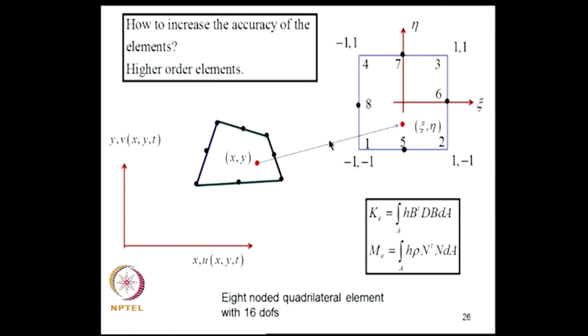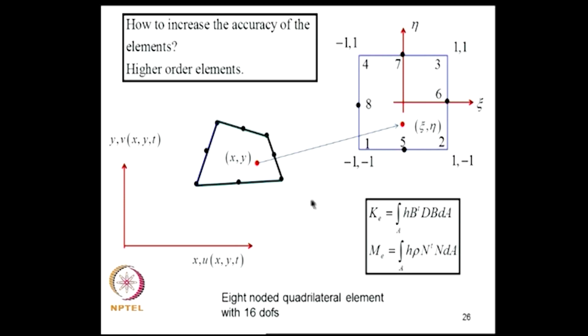Now, the question is, if you are using discretization, if you are modeling any structural behavior, how do you improve upon the accuracy? One way is stick to 4 noded quadrilateral elements and use more of them, that means refine the mesh, introduce more number of elements and do that. The other way is use a higher order polynomial to interpolate the field variables. If you want to do that, it amounts to increasing the number of nodes in an element.